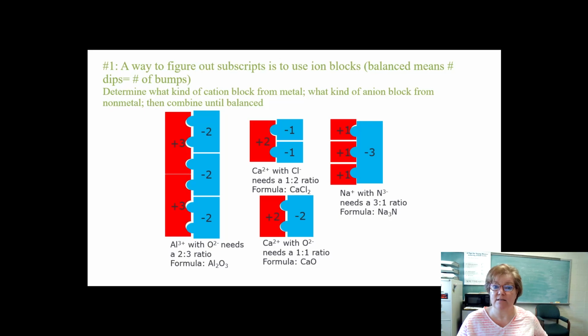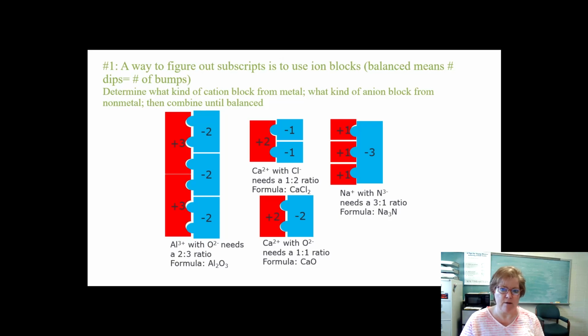So in the ions section, we really talked about how, if I'm talking about calcium, do I know that calcium is a +2? I have to look at its position on the periodic table and know that it's going to make +2. Then I would grab +2 ion blocks. And then depending on what I'm pairing it with, if I'm pairing it with something from group 17, a nonmetal that makes -1 ions, like chlorine or bromine or fluorine, I would get -1 blocks.